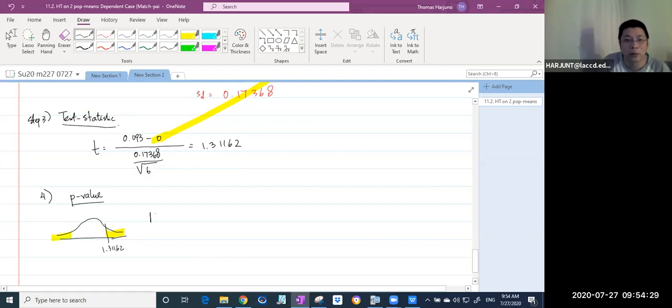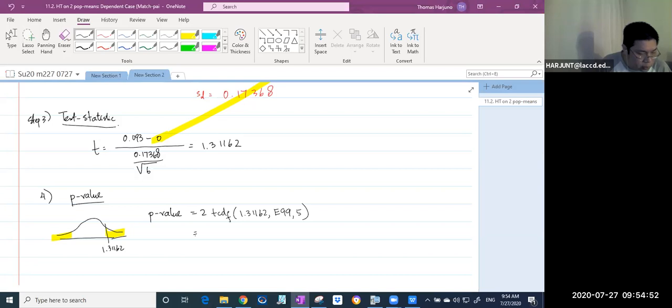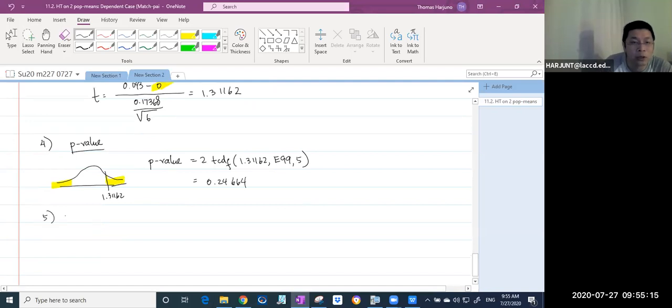So the p-value is 2 times tcdf of 1.31162 and E99, degrees of freedom is 5. So I get 0.24664.